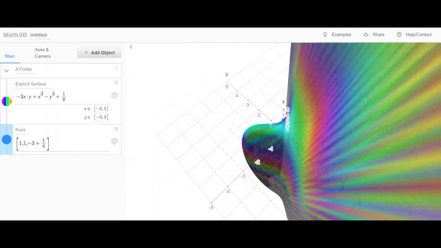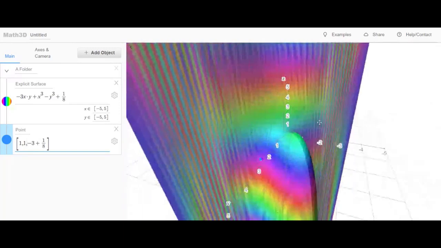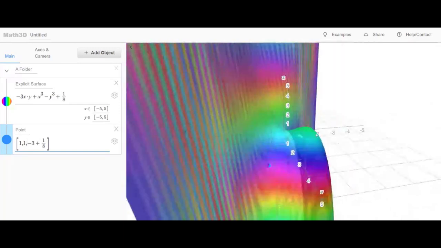Hey, did anyone check my work on the partial derivatives? I'm sorry, y'all. Let's go back and look at it. That's the good thing about graphing it on this calculator, now we can see. Oh, this looks wrong. We should have one saddle point and one maximum.